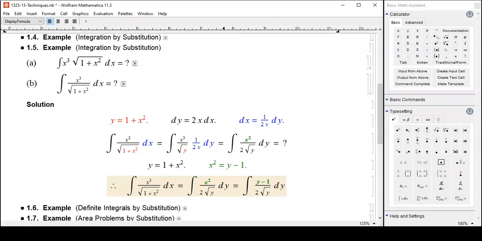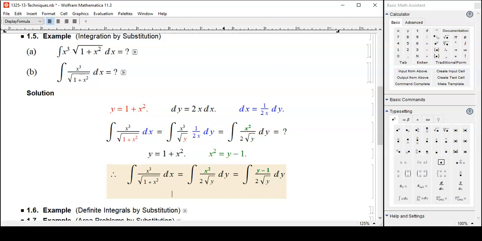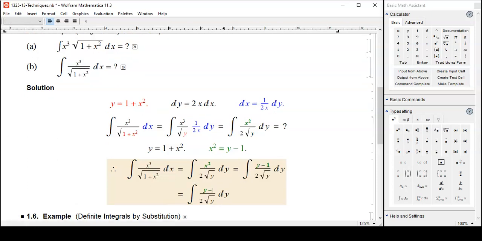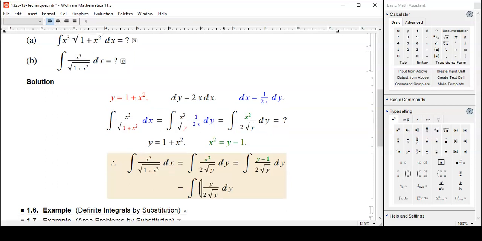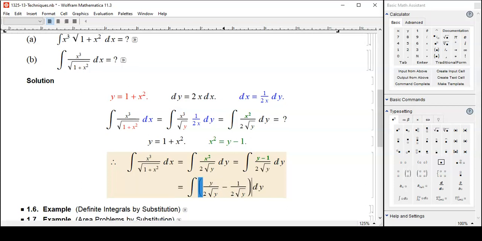And then can we simplify this? If you have addition in the denominator, we are stuck, but addition in the numerator, we can always separate.